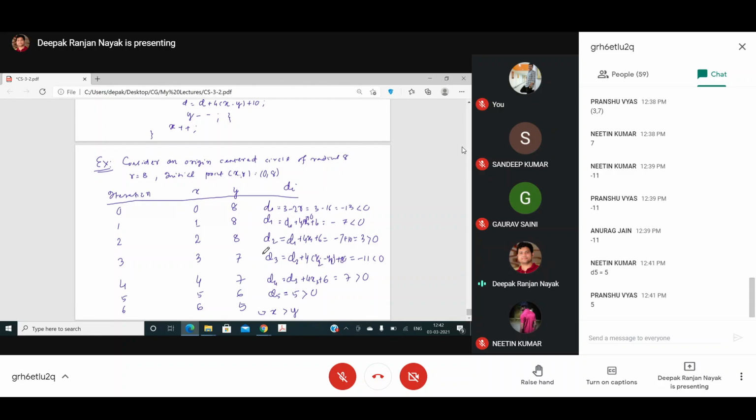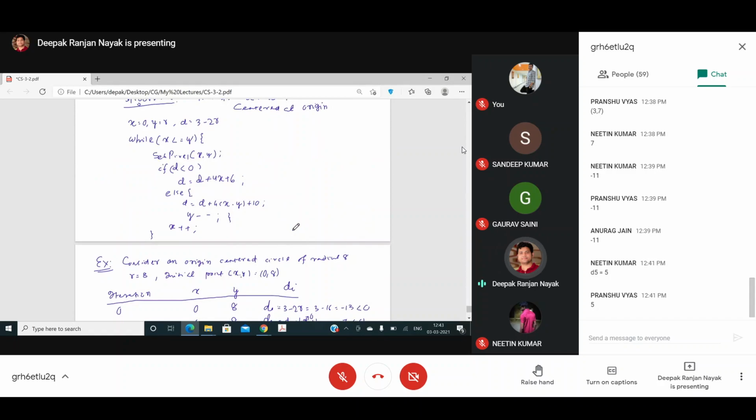So if you want to find out for another octant, you can simply replace xy by yx, and you can get the pixel positions for the whole circle, right? Then you can see what the values are, how you can plot them, and how the circle looks for a particular quadrant. So you can again draw the same thing, right? You can draw.